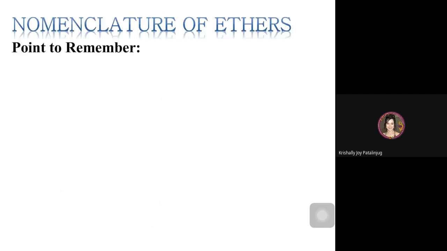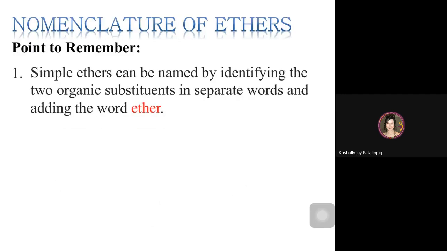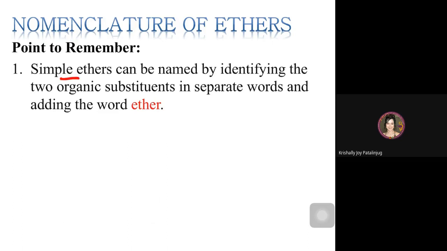So points to remember for simple ethers, take note, in naming simple ethers, pag sinabing simple ethers, walay other functional group. As in ether lang yung makita, R, O, R. So in naming simple ethers, this can be named by simply identifying the 2 organic substituents. I-identify lang nimo ang isa ka R group, ug ang isa pa ka R group.